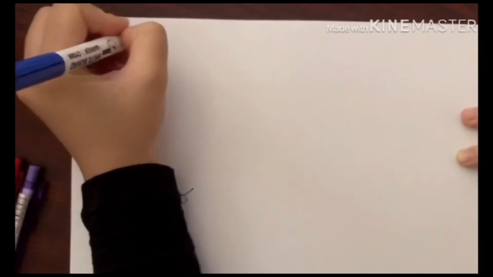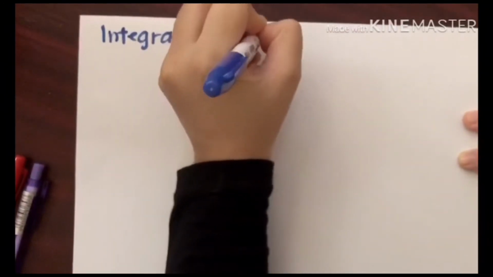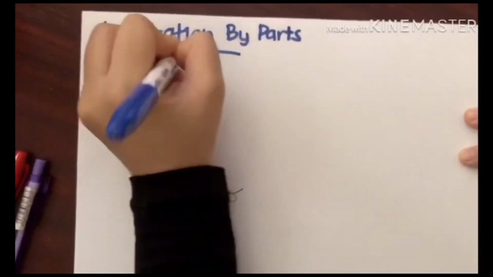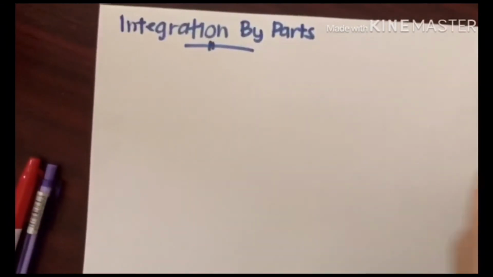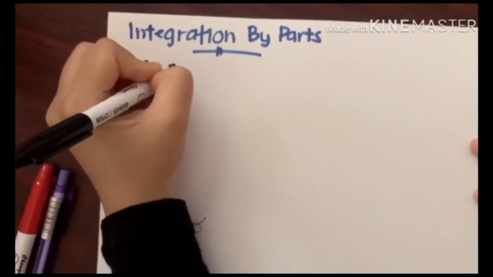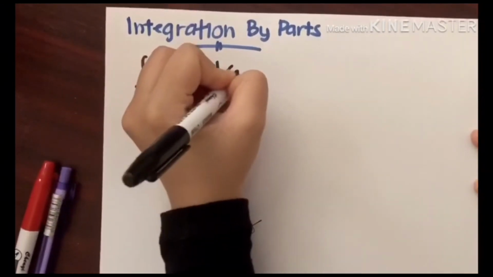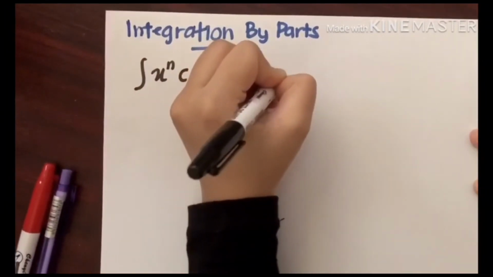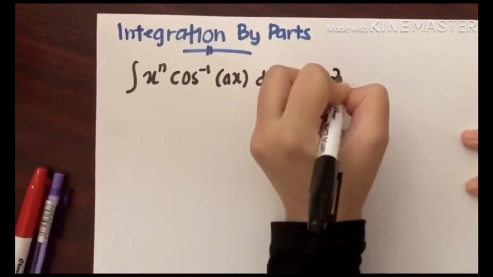Hi, today I want to explain about integration by parts. So the question that I got is integral x to the power of n cos inverse ax dx, n is less than or equal to 2.